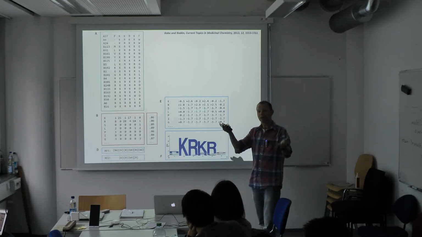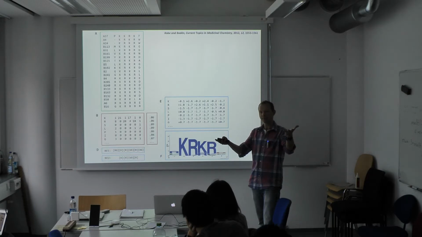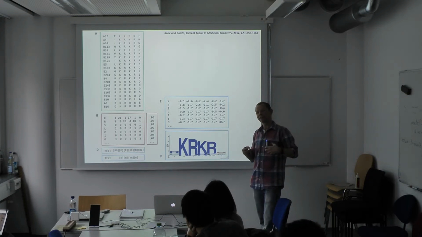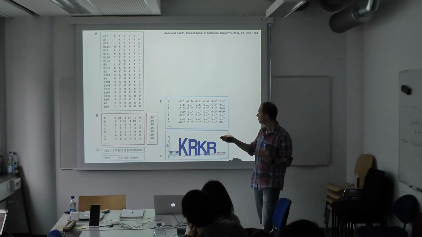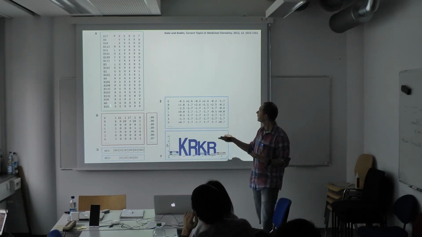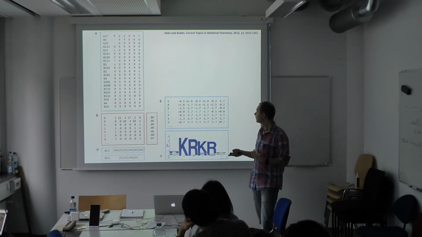So we want to balance the specificity, that is, we only want the sequences that are real to be matched to our pattern, and the sensitivity, we want to include as many of the real matches as possible.